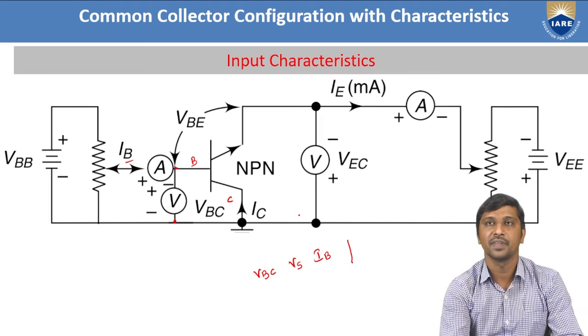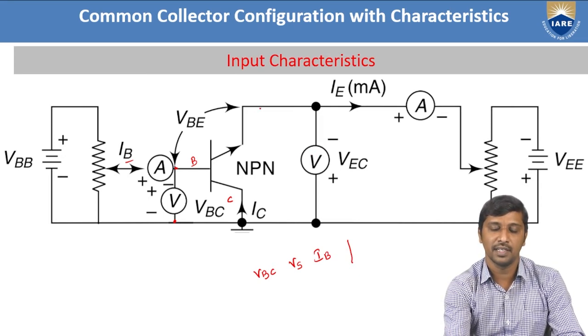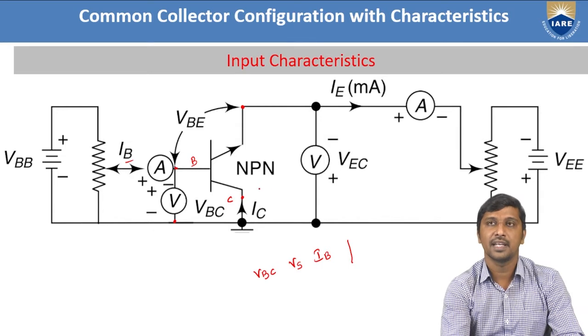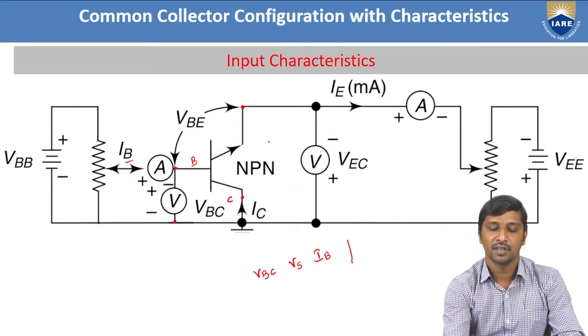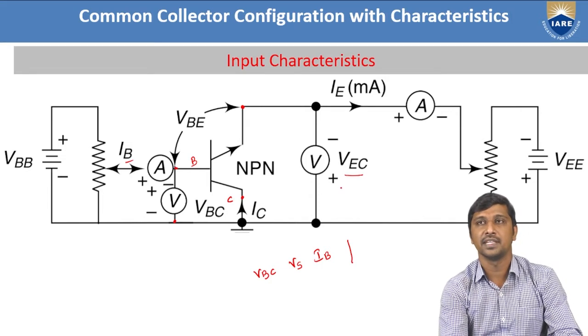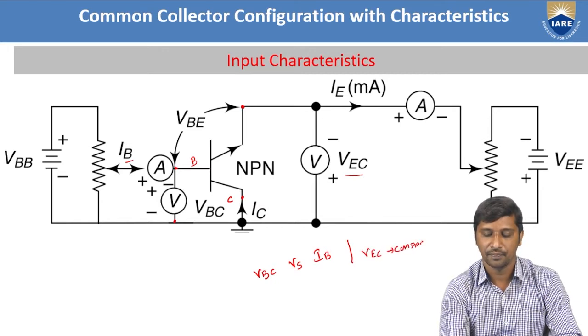What is the output here? The output voltage is measured between the emitter terminal and the collector terminal. Hence the potential drop between emitter and collector is represented as VEC. So here we need to keep VEC constant.